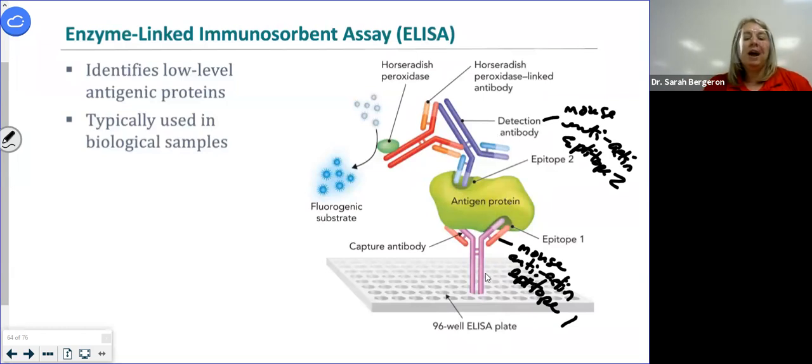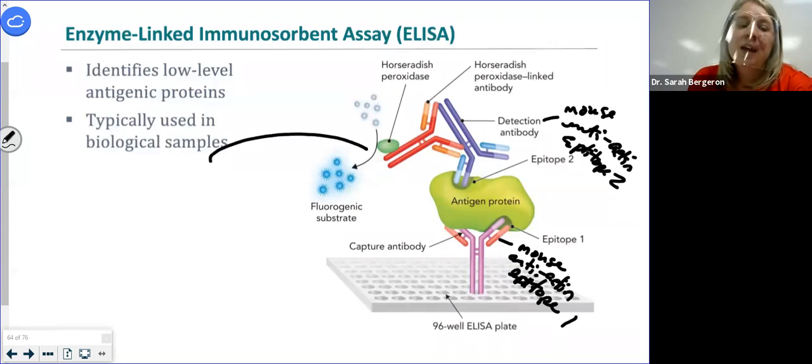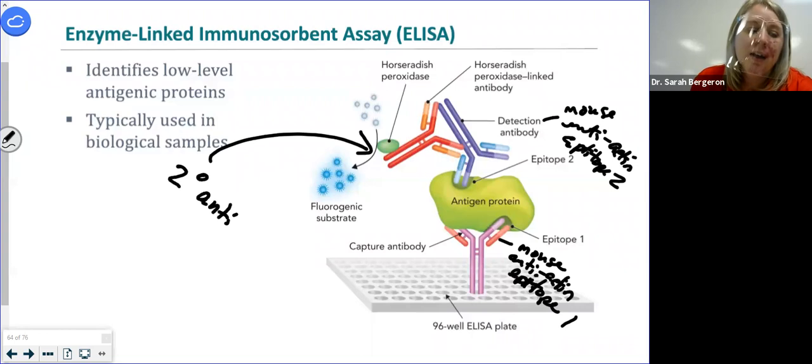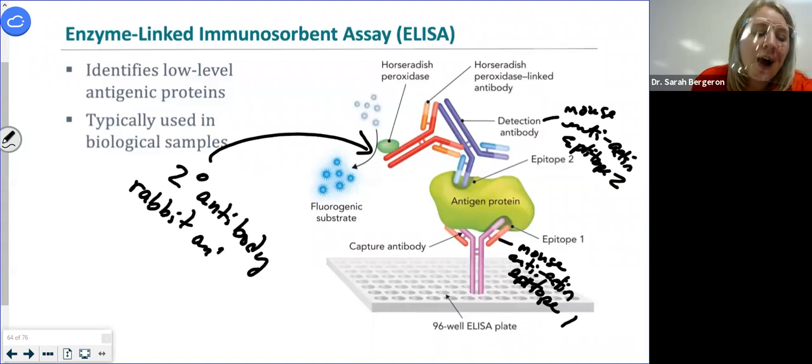So now you have a sandwich, right? You have a detection antibody, you have an antigen, and then you have a capture antibody. The last thing that you do is you add that secondary antibody. So this is just like in a Western blot. This is our secondary antibody, and this is a rabbit anti-mouse.